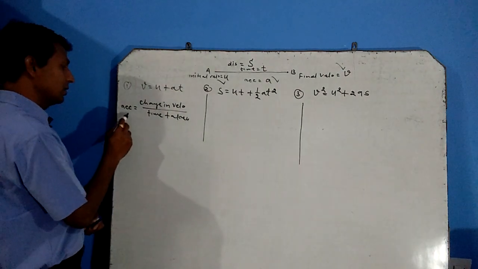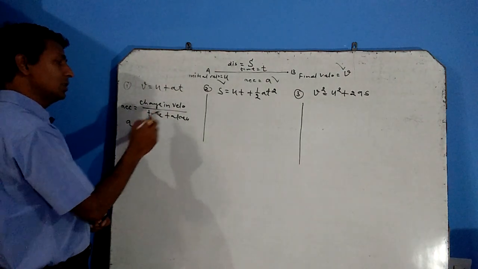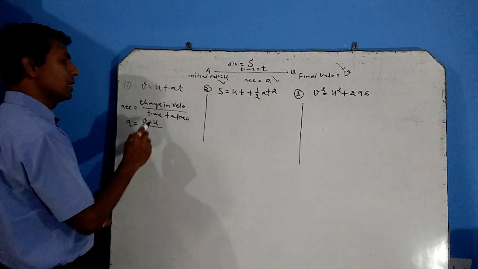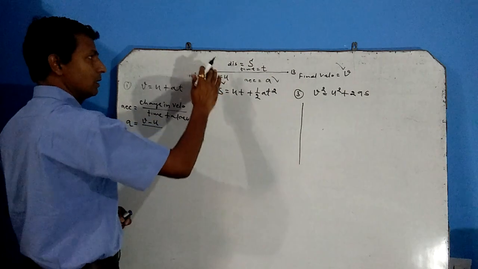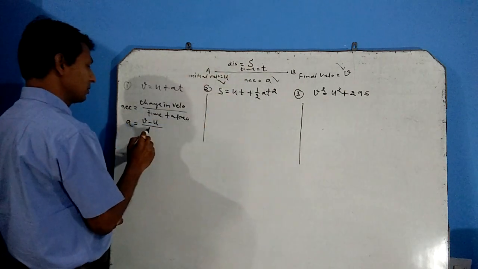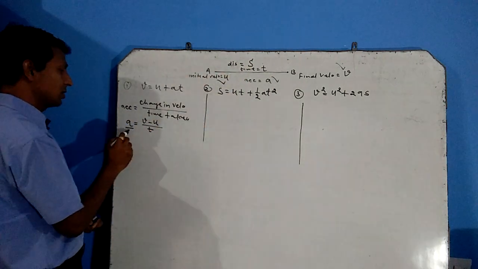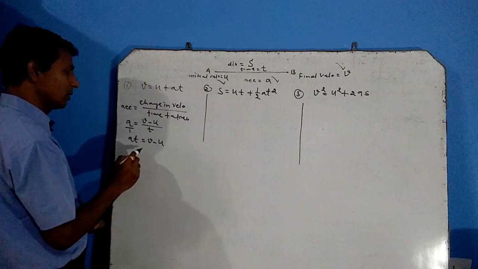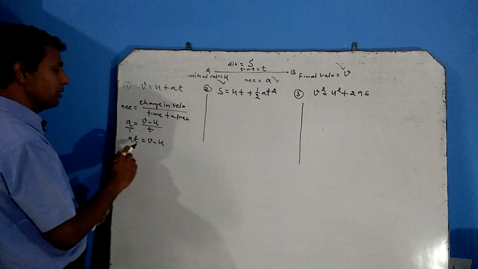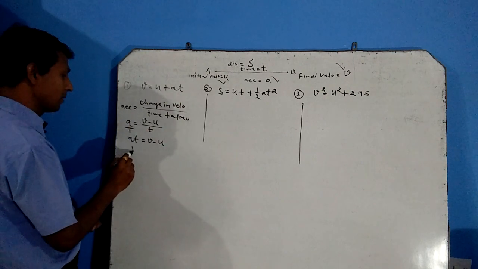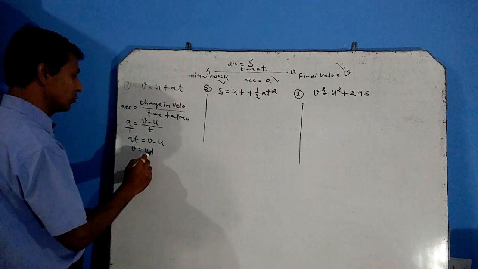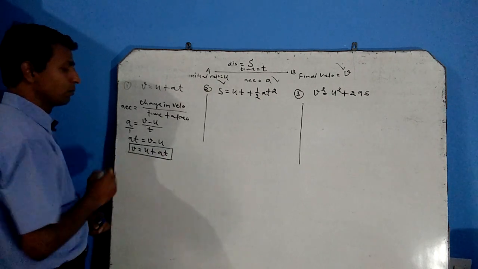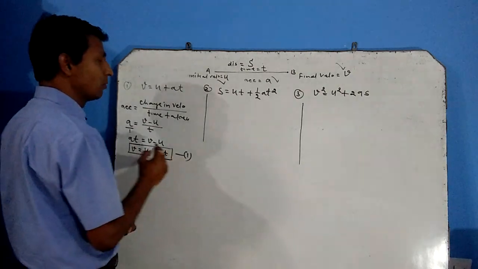So acceleration is written as a, and change in velocity means final velocity minus initial velocity, and the time taken from A to B in this journey is small t. After cross multiplication, I find at is equal to v minus u, or after transposing I can write v is equal to u plus at. So this is our first equation of motion, and give it equation number 1.